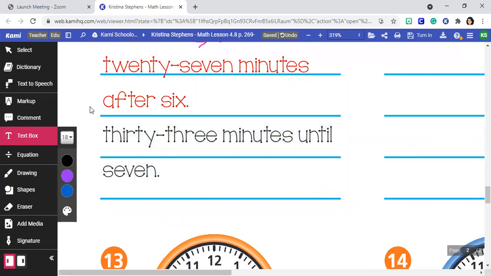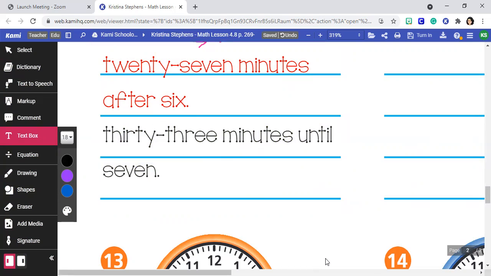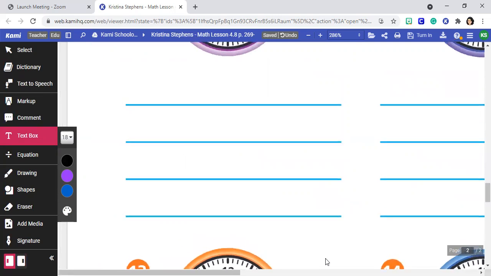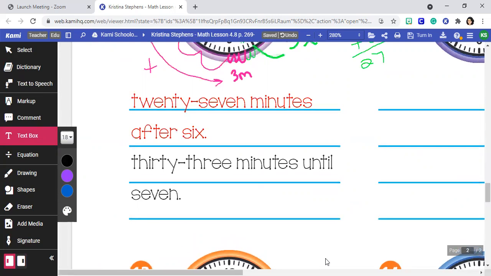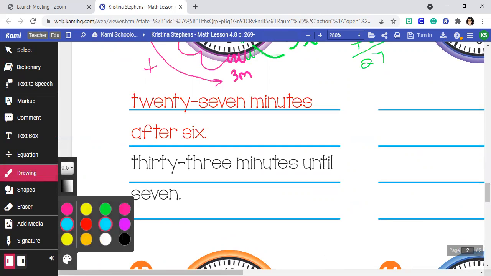That's mighty peculiar. So I've got 27 minutes after 6, 33 minutes until 7. And a real good way to check this is to do some addition. If I wanted to see if both of these equal 60, because there are 60 minutes in an hour, I could add together on a scrap piece of paper, but I'm going to do it on our screen right now. 27 plus 33.